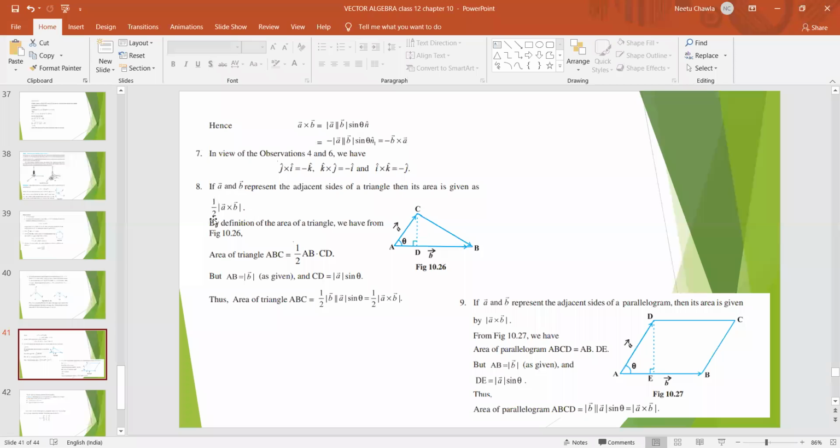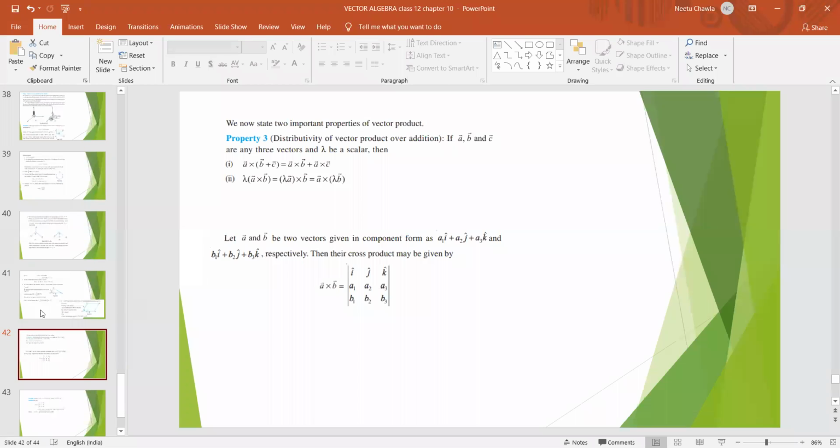This is how you find it using determinants, and we can get the answer. And in case we have to find the area of a parallelogram, and the two sides are given as A vector and B vector, just a normal cross product, meaning finding the determinant value of this only, and that will be the answer.